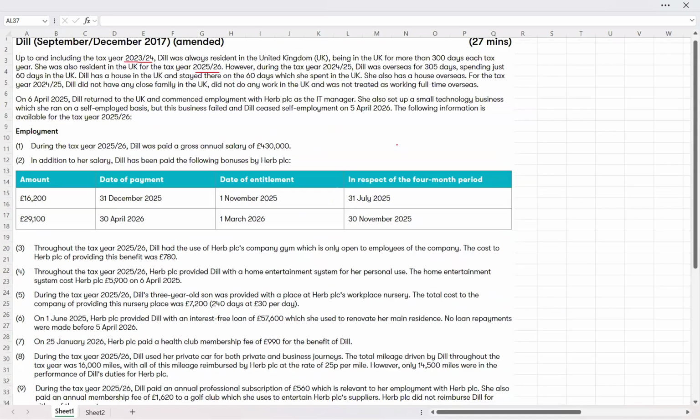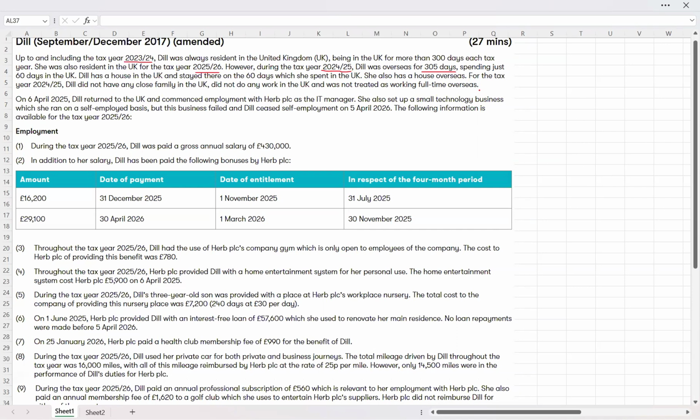Okay, let's see. However, during the tax year 24-25, Dill was overseas for 305 days. So what does this mean? That in this specific tax year, Dill was somewhere other than the UK, spending 305 days outside the UK.